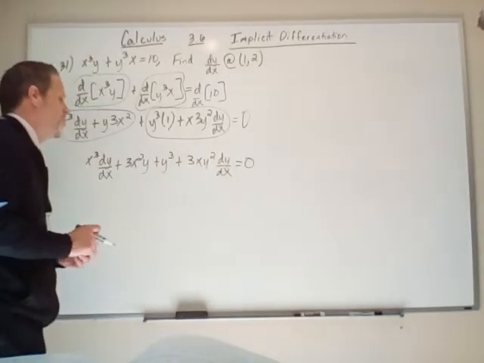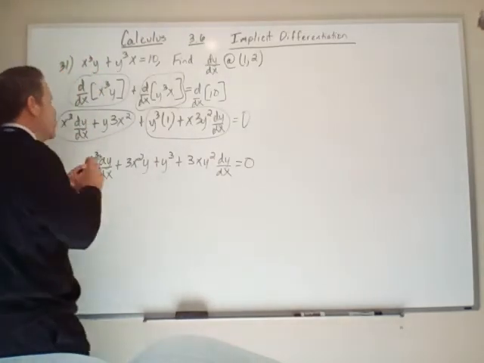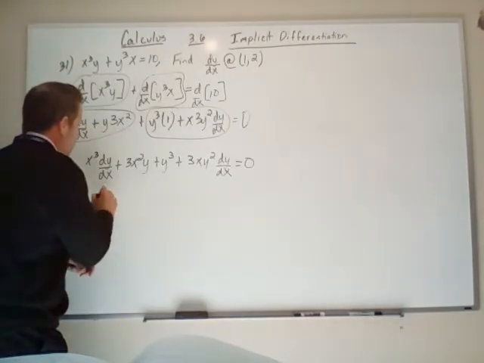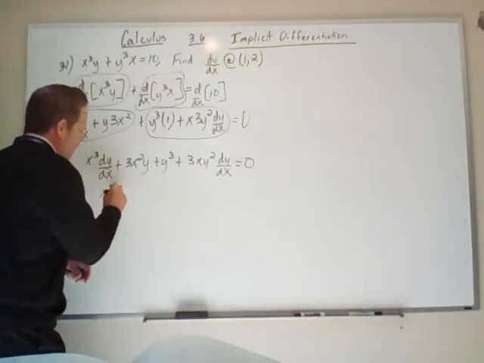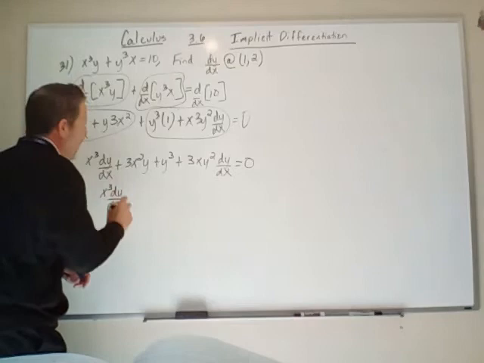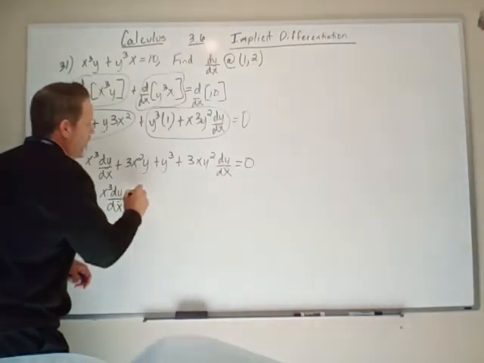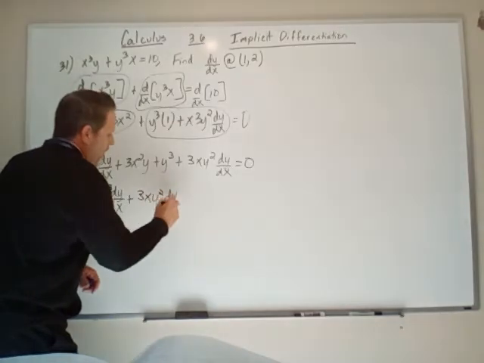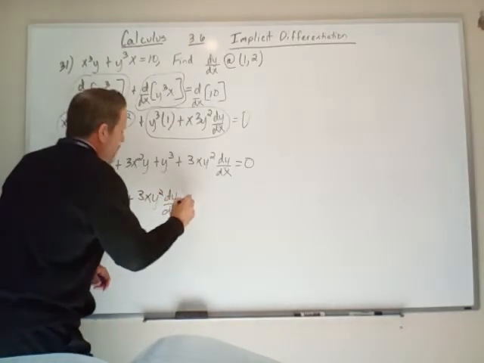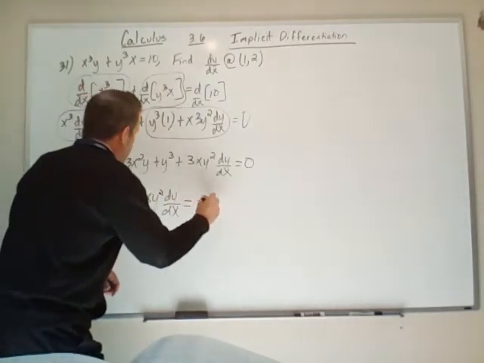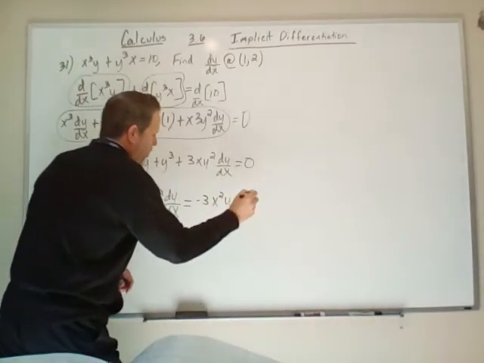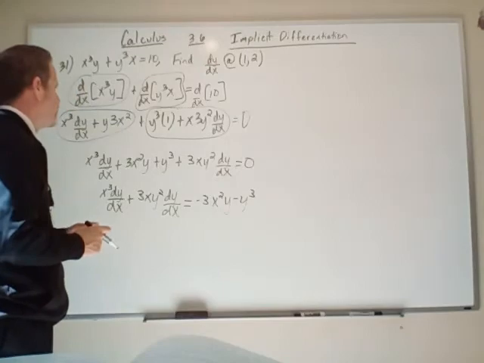But let's just look at it more formally. Let's move everything that doesn't have a dy/dx to the right, keep everything with the dy/dx on the left, and solve for it, and then plug in the x and the y that was given to us. And again, that x and y better be on that original curve. So had they only given us an x, we still could have done the problem.